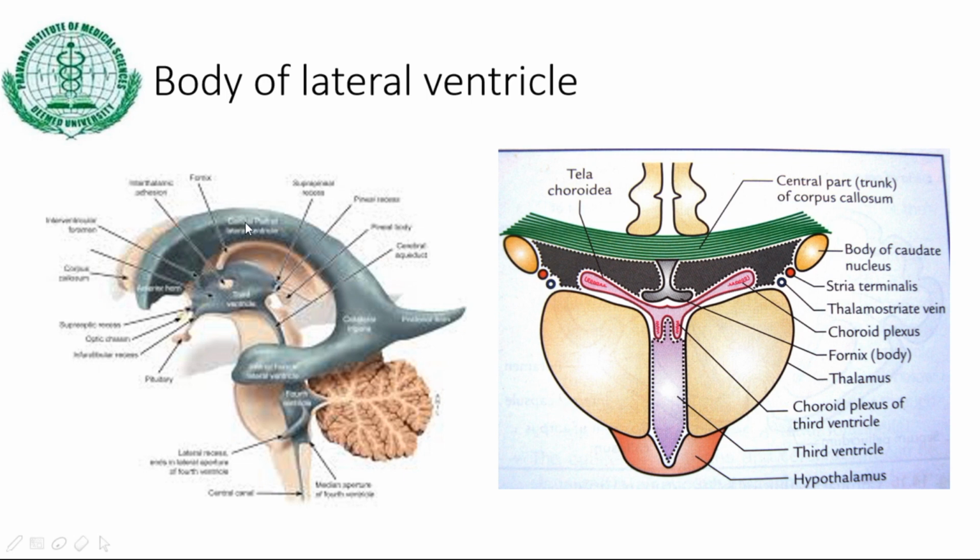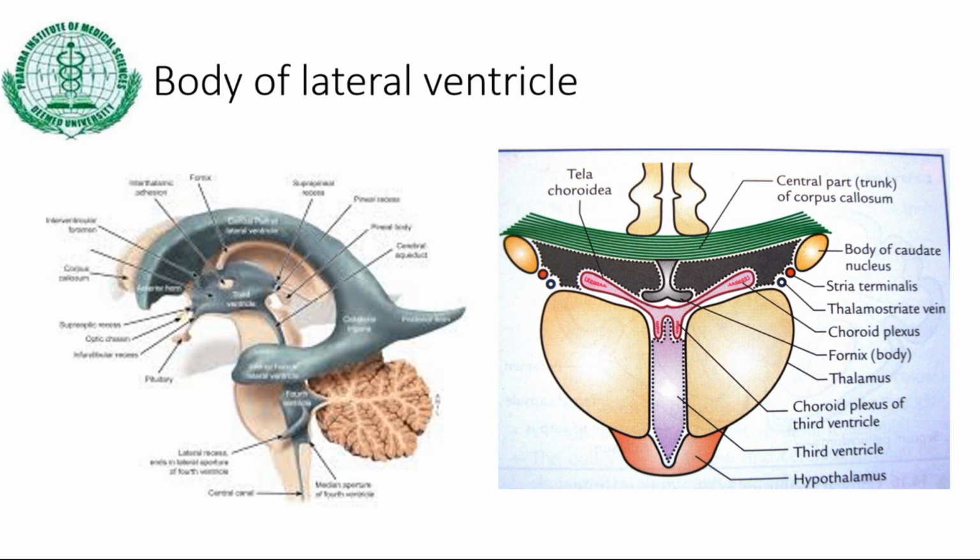Anteriorly, the central part of the body is continuous with the anterior horn and the interventricular foramen. Posteriorly, the central part reaches the splenium of the corpus callosum.